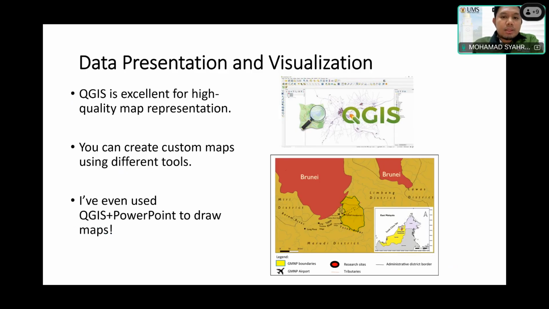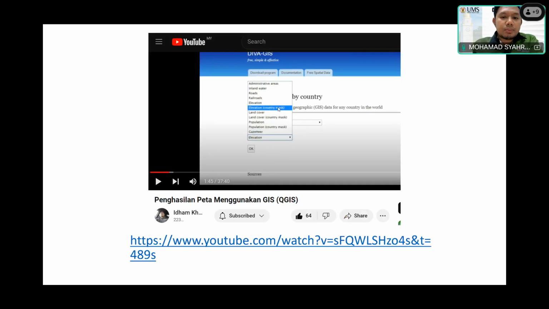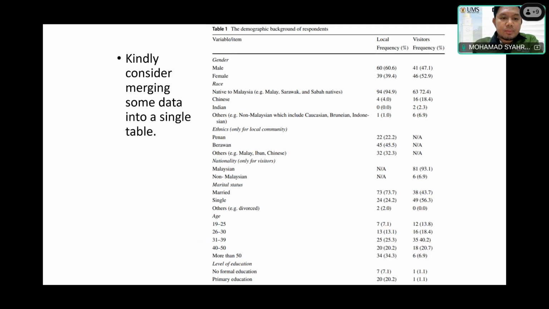Okay, data presentation that I've mentioned earlier. This is how you are going to arrange your data, even this kind. You can see it's quite basic, but still important. That's why some tables can be merged into one.